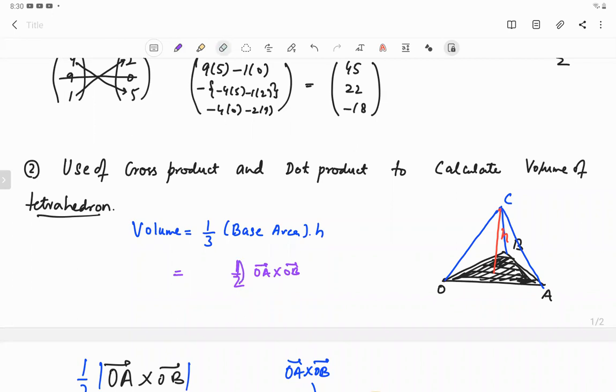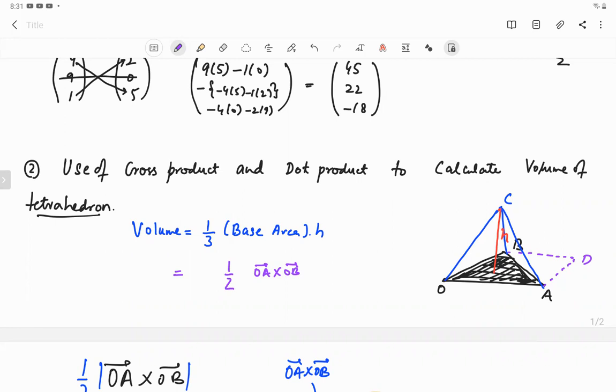You know that OA cross OB represents this area of the parallelogram, which is represented by the points OADB, okay? The cross product OA cross OB represents the area of the parallelogram. And when we introduce 1 by 2 over here, it represents the area of the triangle OAB, okay?